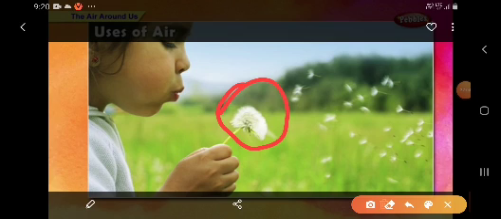That is why there are certain agents which help these plants to disperse. So air is one of the agents which helps the plant to disperse. Disperse means it helps the plant seeds to move away from the main plant.